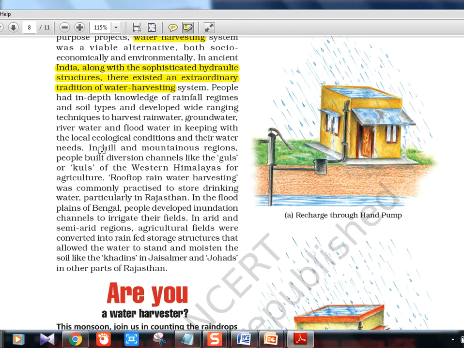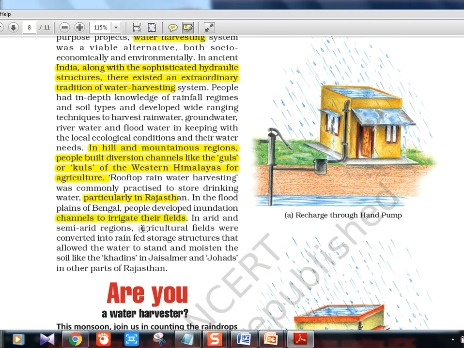In hill and mountainous regions, people built diversion channels like the guls or kuls of the western Himalayas for agriculture. These are different methods in local regional places. Rooftop rain harvesting, you can see pictures also, was commonly practiced to store drinking water, particularly in Rajasthan. In the floodplain of Bengal, people developed inundation channels to irrigate their fields. So just channelizing the water.